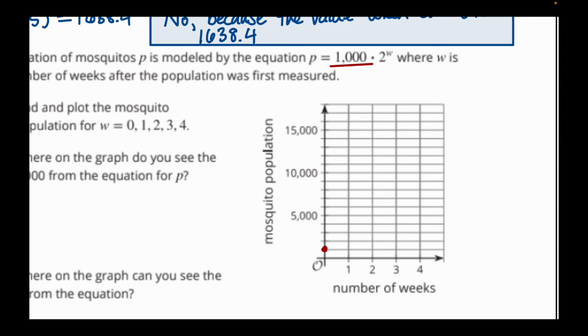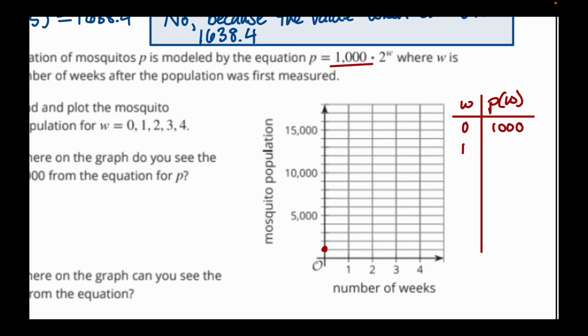So I don't have a table. I can make a table off to the side here. So if you want to make a table, you can. I'll make a small one, I guess. So we'll have W for whatever week it is, and then the population at that week, which is going to be P of W. So when it was 0, we had 1,000.